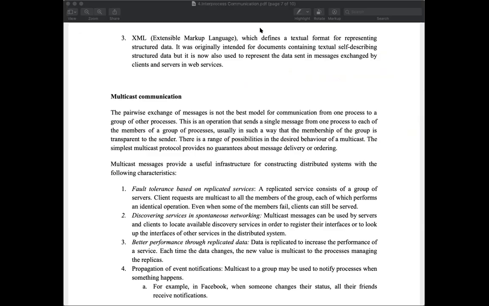And the second one will be the discovery services in spontaneous networking, right? In a network or distributed system, we are continuously connecting some services.